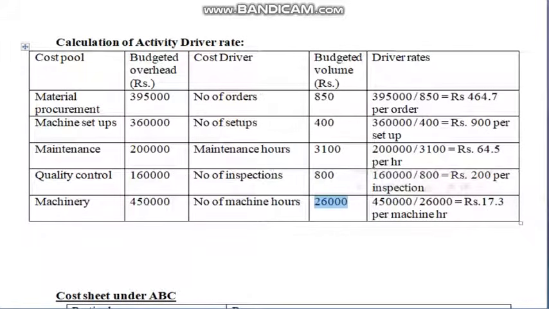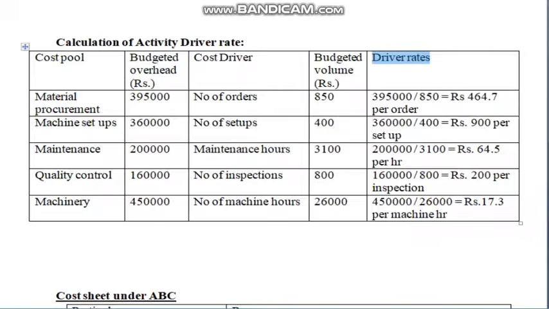So 4,50,000 divided by 26,000, you will get 17 rupees 30 paisa per machine hour. So here we have calculated the activity driver rate. The calculation of the activity driver rate is very simple. Just divide cost pool by cost driver, and you will get the driver rate.